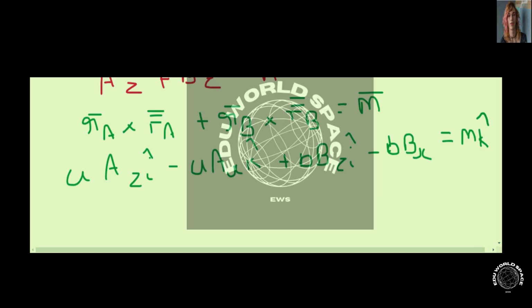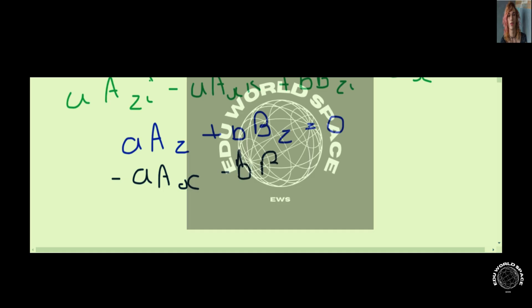Comparing both the sides, we get a·Az plus b·Bz is equal to 0 and minus a·Ax minus b·Bx is equal to M. Let's solve the second equation first by substituting Ax.